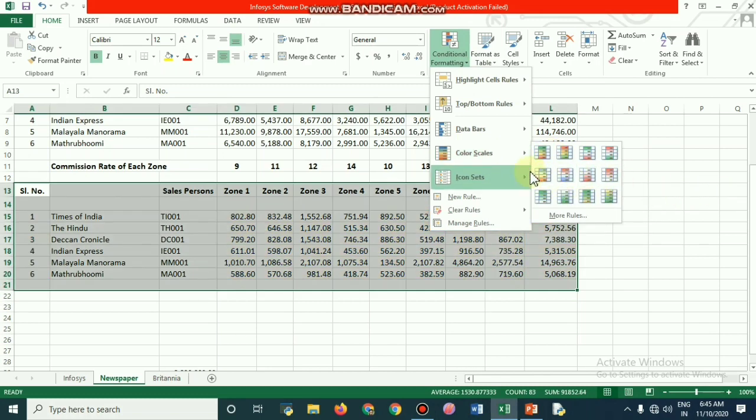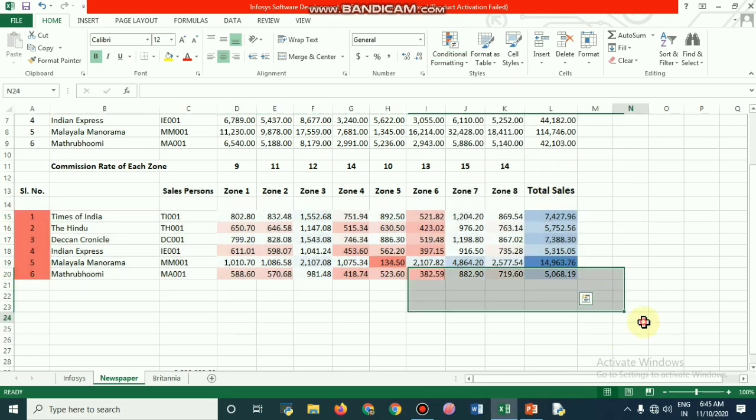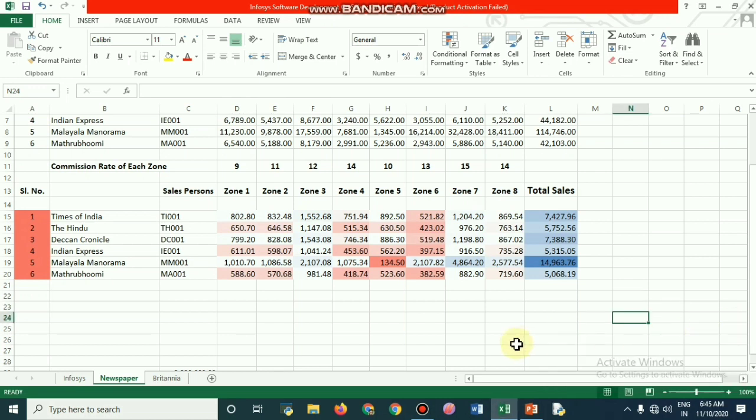You can make conditional formatting, color scales, etc. you could give, and you could make the sheet appear much more attractive.